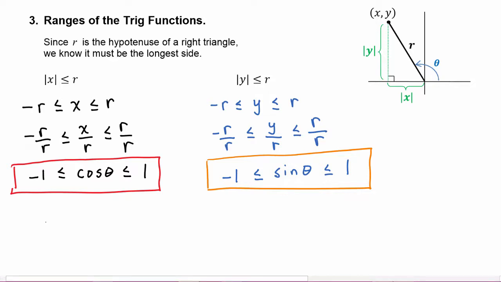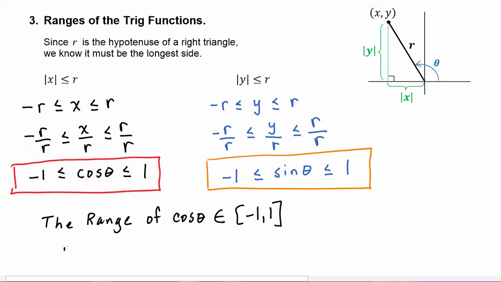So to summarize, the range of cosine theta is negative 1 to 1, and the range of sine theta is also negative 1 to 1.